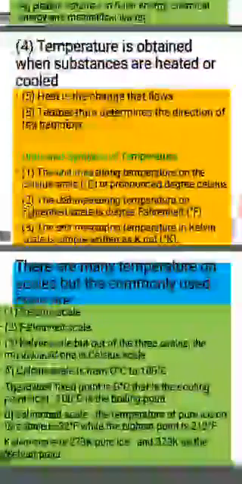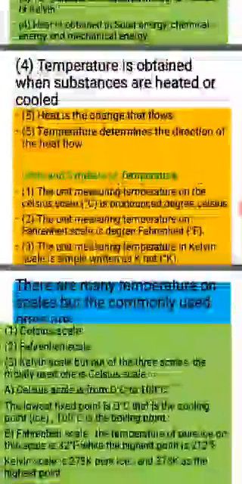The unit measuring temperature on Fahrenheit is degree Fahrenheit. The symbol is °F, while that of Celsius is °C. The unit measuring temperature in Kelvin is simply written as K, that is K, not degree K.